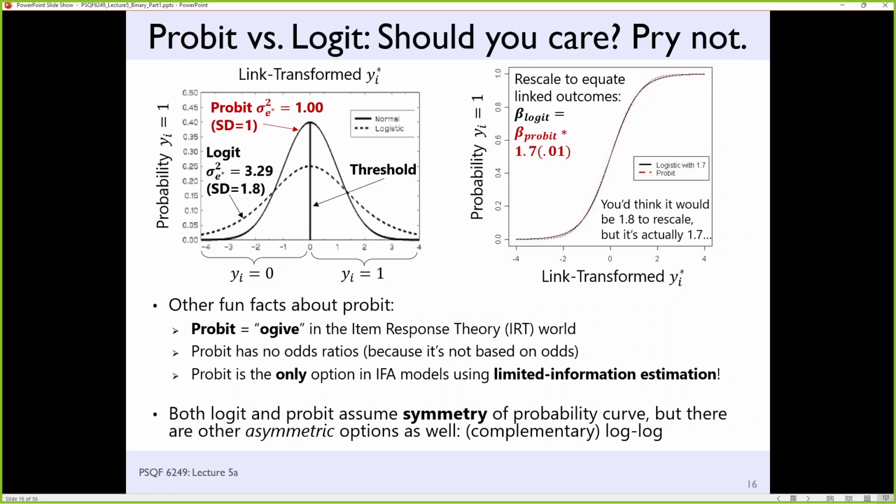If you wanted to do logits in a limited information estimator, I think you could theoretically, but software is not designed to do that. The rationale is that having a variance of 1 creates a standardized metric that's more intuitive in terms of that type of estimation, because it's going to be based on a correlation matrix where the variances are 1 as well, so it ties nicely together.